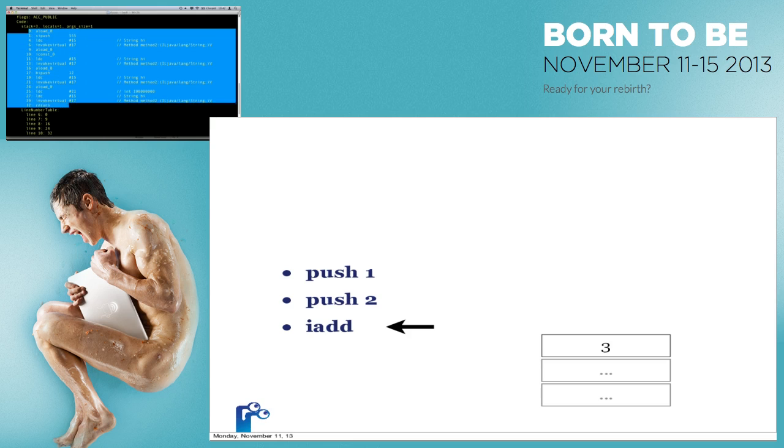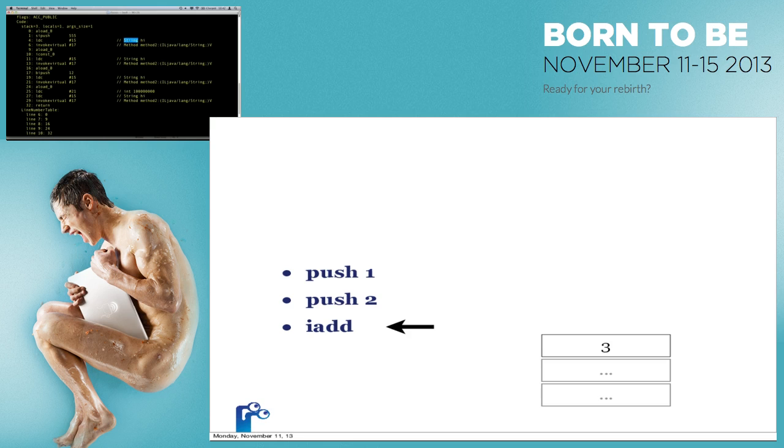So this is the actual method. You can see here on the right how it invokes method 2 a couple of times. First, 555. We push an integer of 555 on the stack.